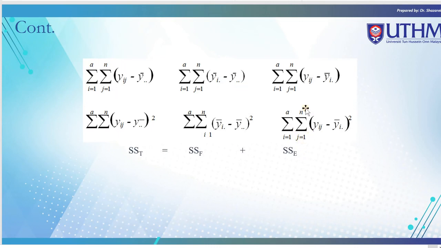And then we have the error: for the individual error, for each observation we subtract the mean of the respective level. So this is the sum of squares error.